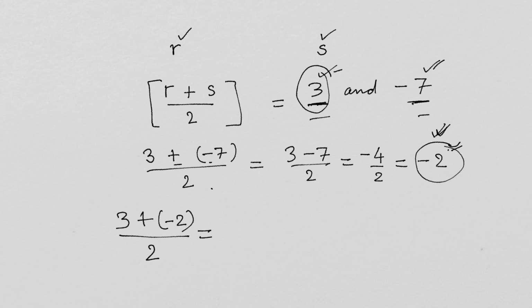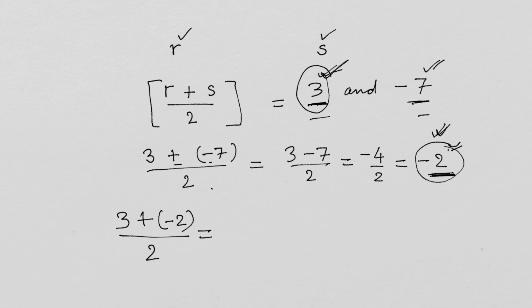Now to find another number which is also rational and also lies in between these two numbers, we can pick any number from the given numbers. So 3 and -7 are given, we can pick any one. And again we will add this with the new rational number we found in between these two numbers, and again we divide it by 2.